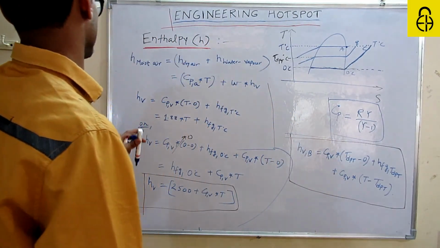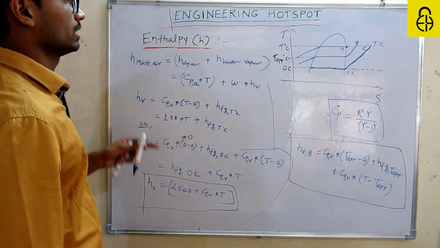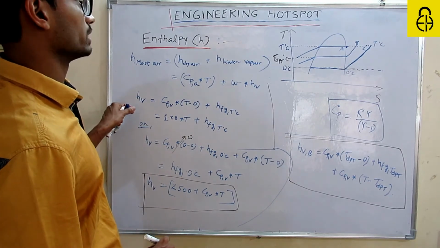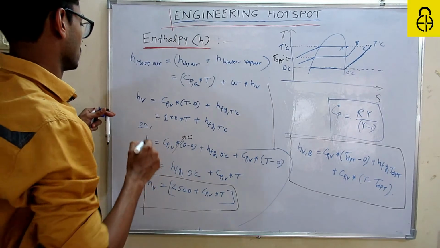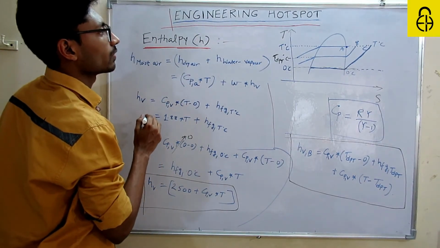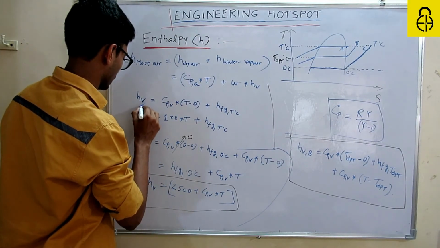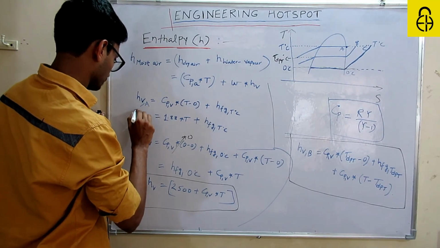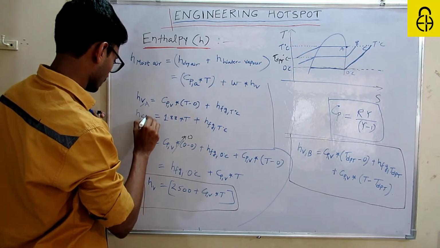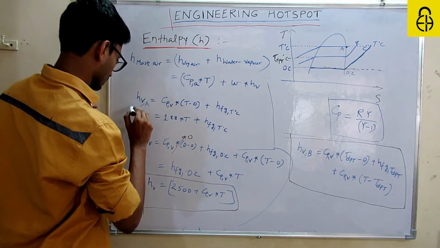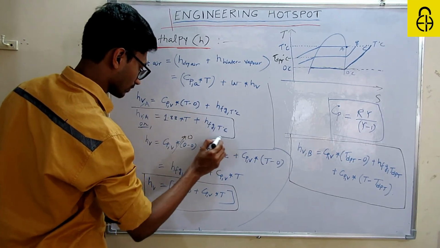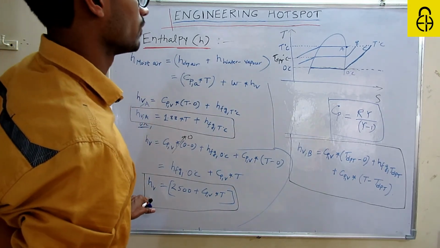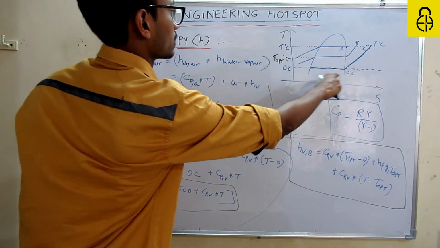Three ways we have seen how we can calculate the enthalpy of vapor. So this one we have calculated for T degrees Celsius. So this is for A. Okay, so I am writing here A. This is for 0 degrees Celsius.